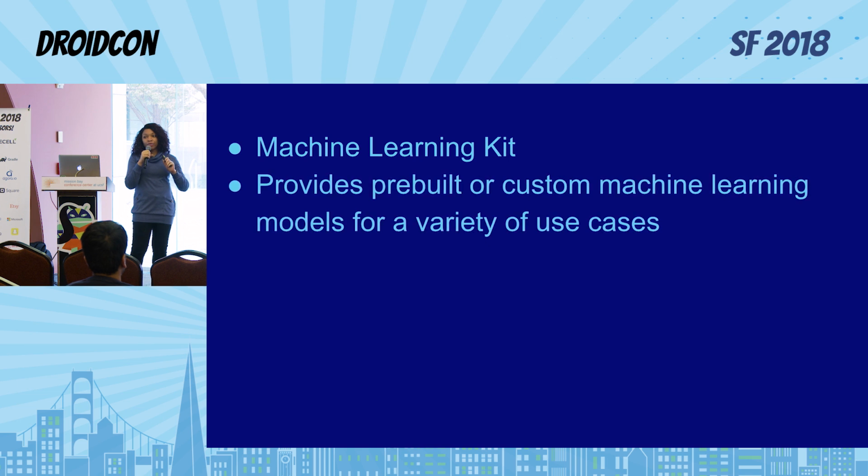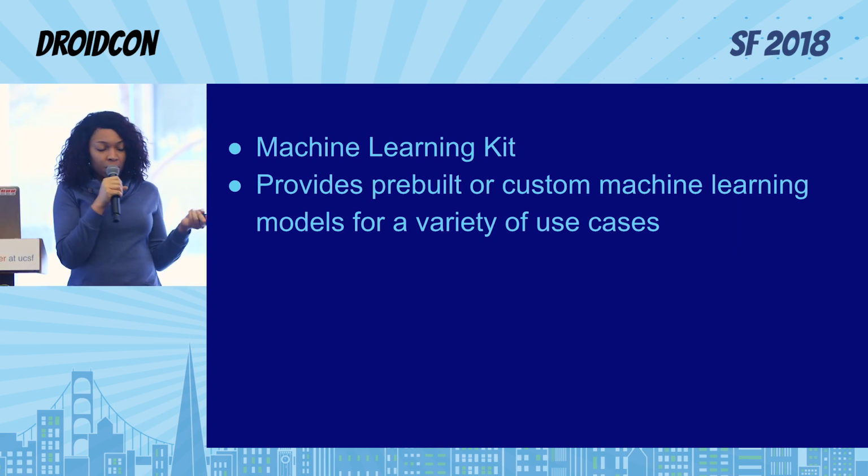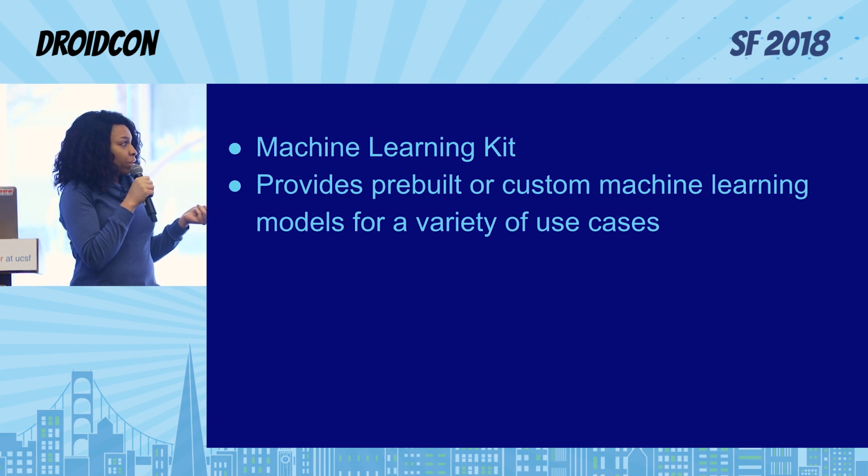So let's say you want image labeling functionality or landmark detection or barcode scanning. ML Kit provides that. Or if any of the APIs provided by ML Kit do not suit your needs, you can create a custom model using TensorFlow Lite and use that with ML Kit as well.